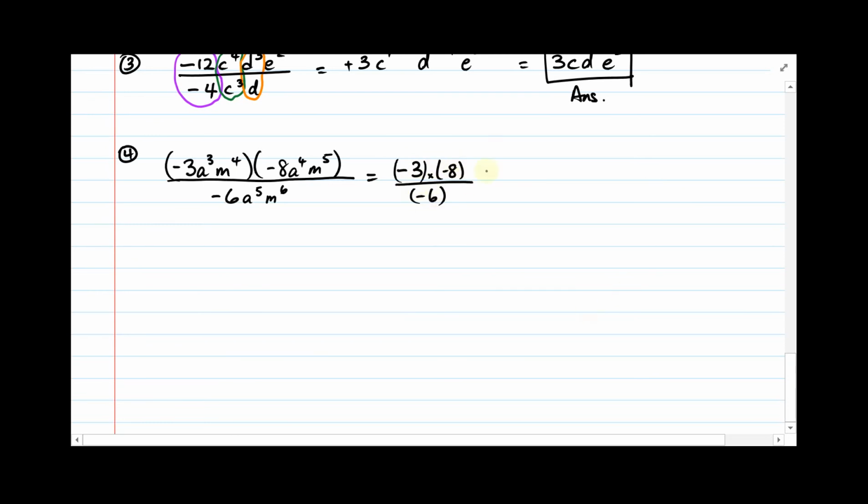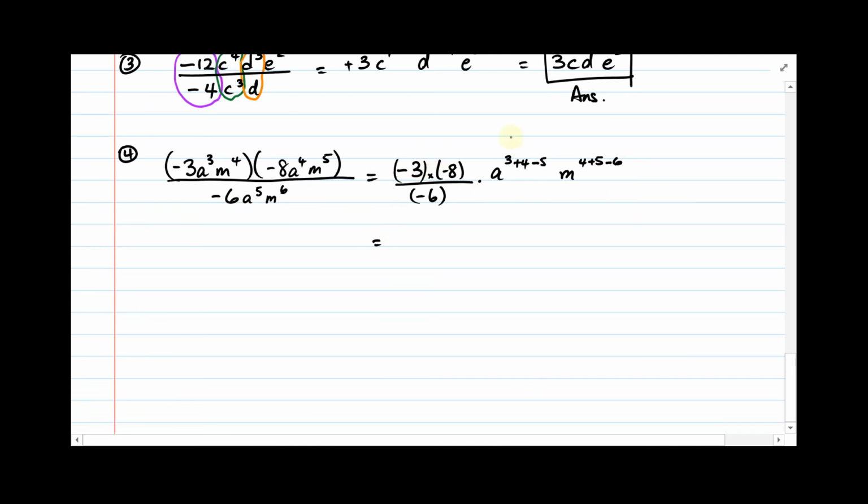And while I will write this part, let's look at combining the variables. So a to the third plus 4. But there, 5 is on the denominator, so I subtract. I have m to the 4th power in the numerator, positive 5 in the numerator, positive 6 in the denominator, so I'll subtract 6. Right? So we've gotten rid of all our variables.